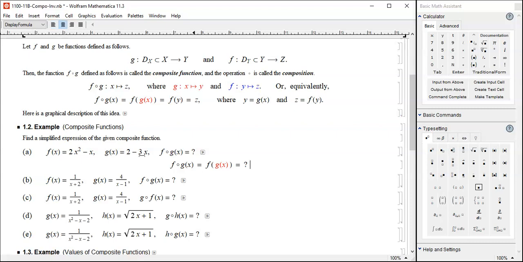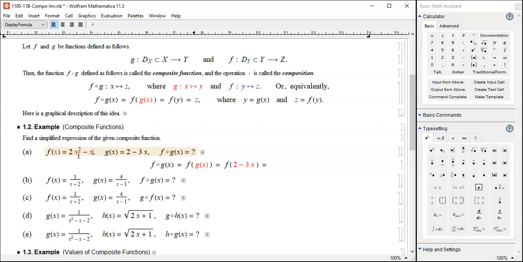Okay, what's the inside? g is 2 minus 3x. So this is f of 2 minus 3x. Okay, so far so good. And now calculate f of 2 minus 3x. f of x is 2x squared minus x.